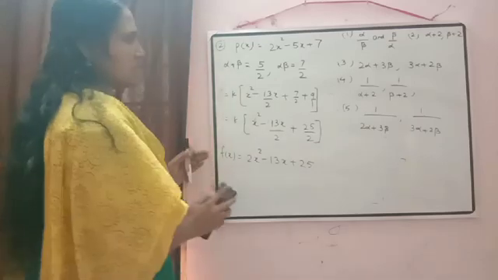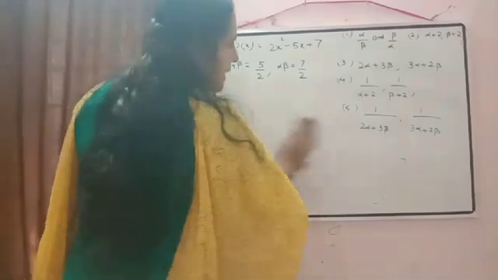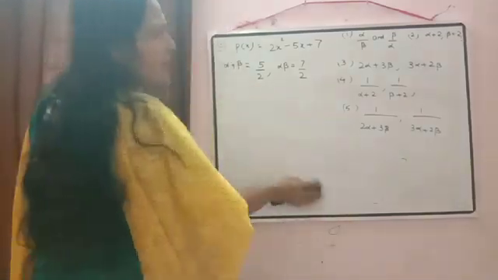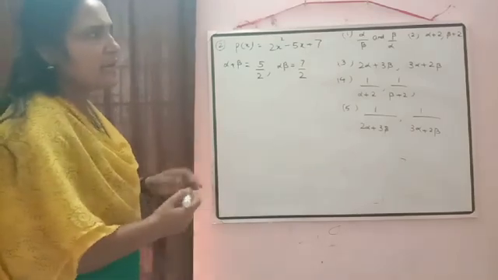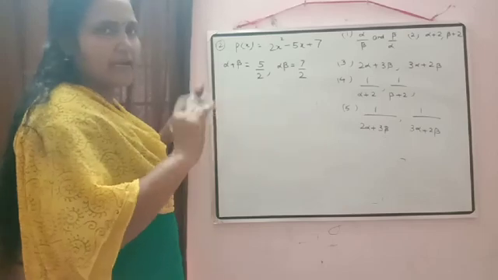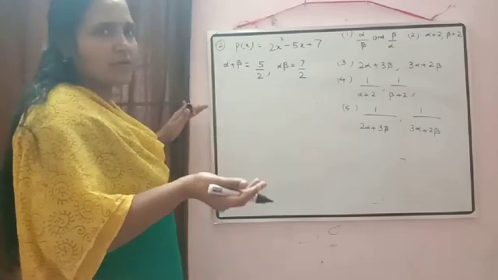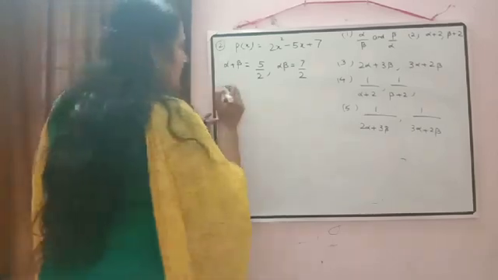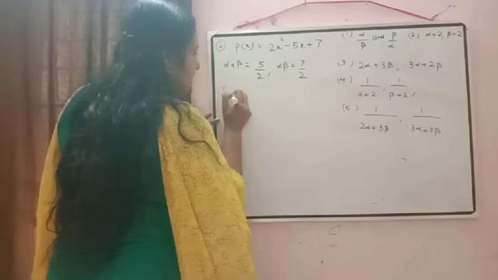Okay. Now third one, it is given the zeros are 2 alpha plus 3 beta and 3 alpha plus 2 beta. We know first what we have to do. We have to find the sum of the zeros and product of the zeros. So now we are calculating the sum of the zeros.